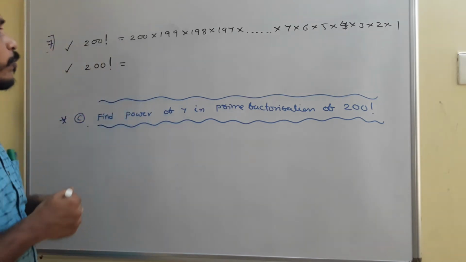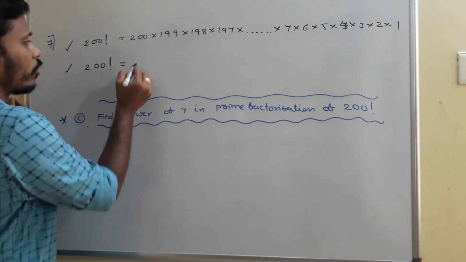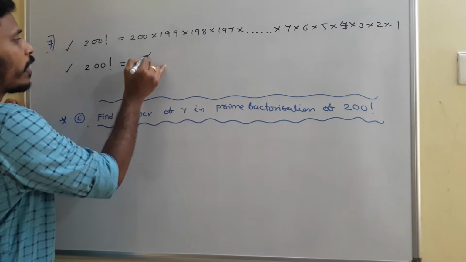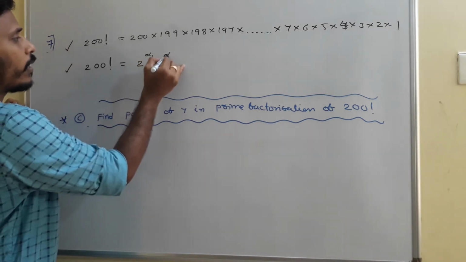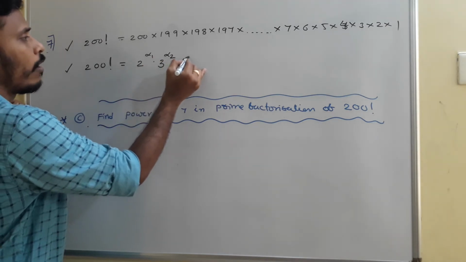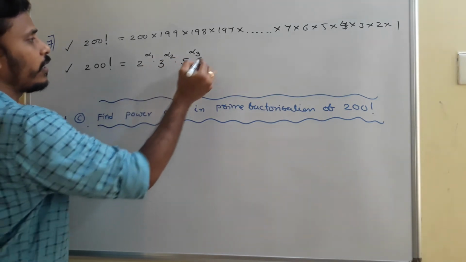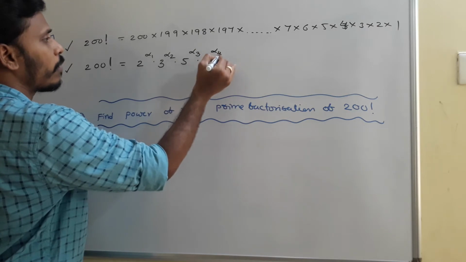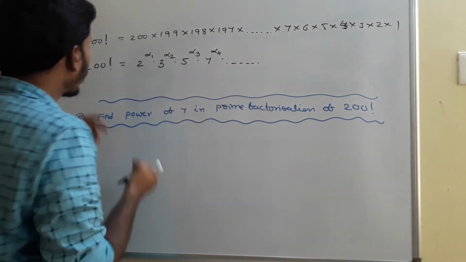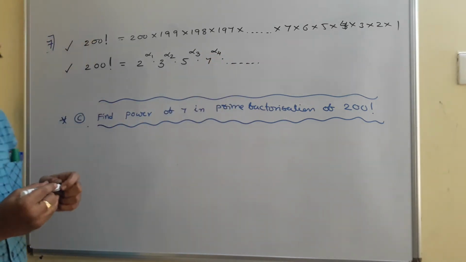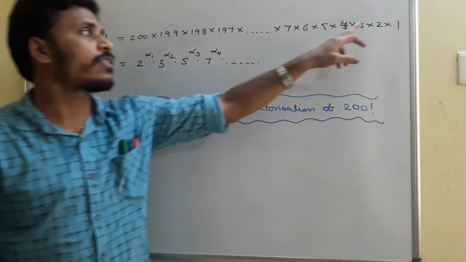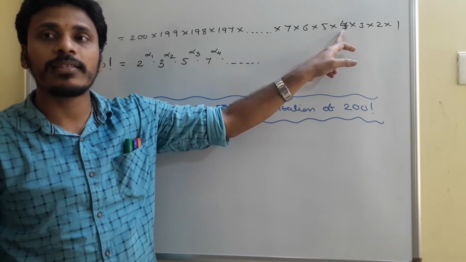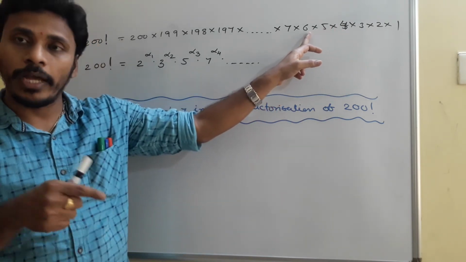So 200 factorial equals 2 power some alpha 1, into 3 power some alpha 2, into 5 power some alpha 3, into 7 power some alpha 4, and so on. There are some 2s in this product, right? 2 is there here, 4 means 2 square is there, 6 means 2 into 3, so again 2 is there.